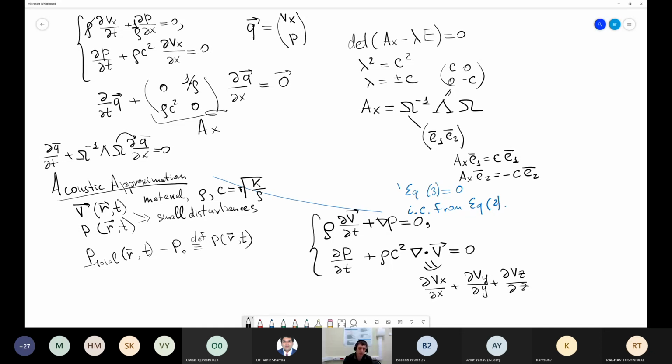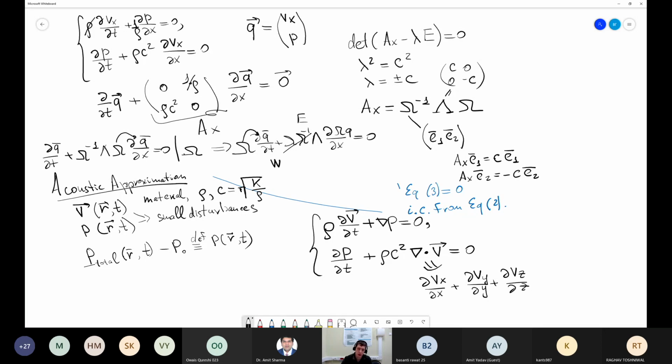And let's multiply this system from the left by omega. In this case, we will obtain omega dq over dt plus omega minus 1 lambda d dx omega q is equal to 0. This will give us the identity matrix.